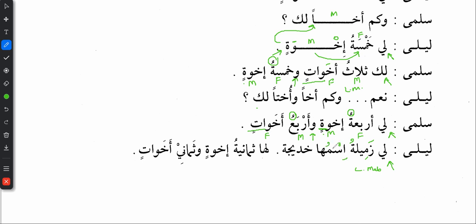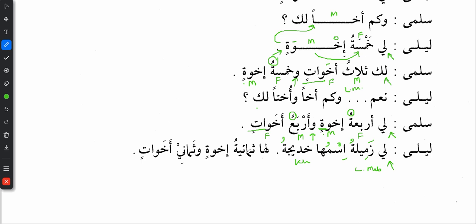Ismuha. Her name is Khadijatu. And you know all the feminine names carry only one haraka. And Ismuha is Khadija. So this is the khabar, and this is the mubtada.